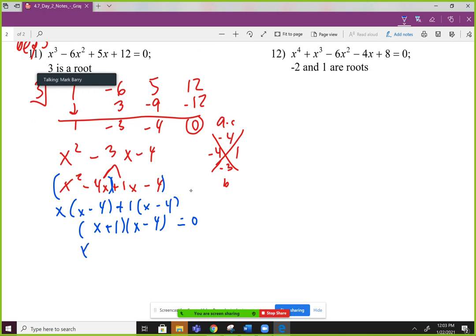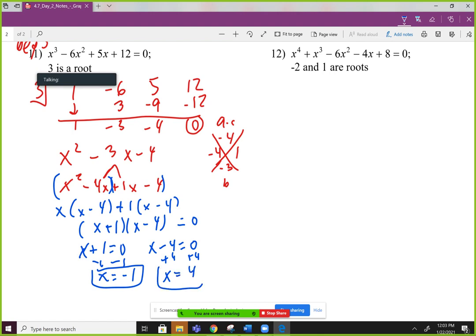So now we could say x plus 1 equals 0 and x minus 4 equals 0. So we get x equals -1, x equals 4.